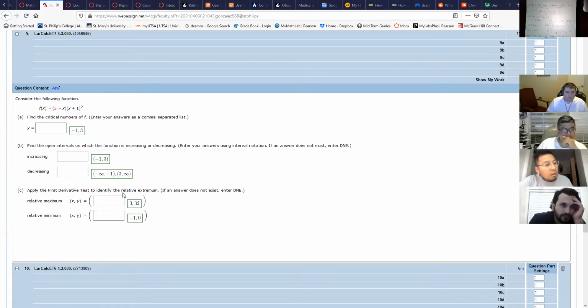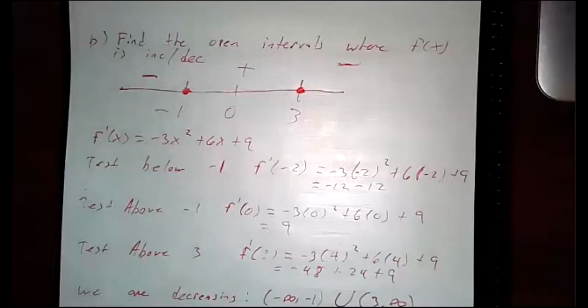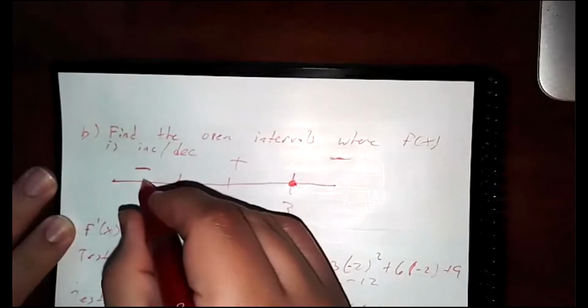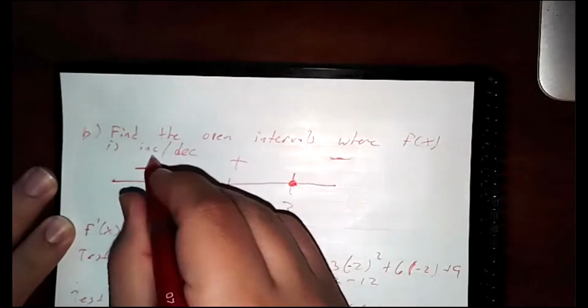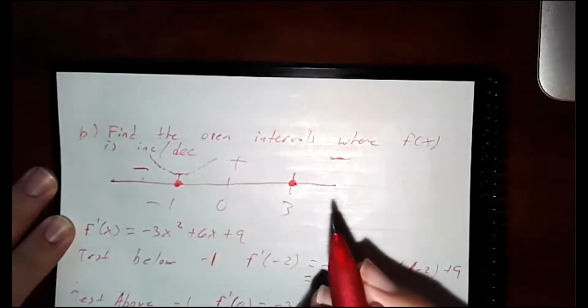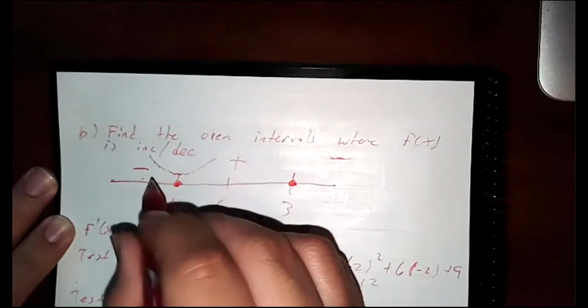So we want to find out if the relative extremum is a relative max or relative minimum. Looking at the picture, you can tell right away, but without the picture, you have to use this test. We already did the first derivative test. From here to here, I'm decreasing, and then after I'm increasing, which means relative minimum based on the shape.